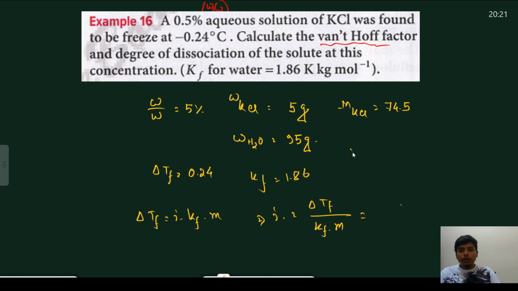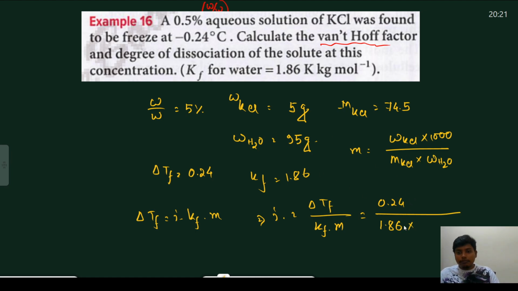What do you mean by m? m means W of KCl by M of KCl into W of water into 1000. So I'll put all the values together. Delta Tf is 0.24 divided by the Kf value 1.86, and for the molality W of KCl is 5 into 1000, divided by M of KCl 74.5 and W of H2O 95.